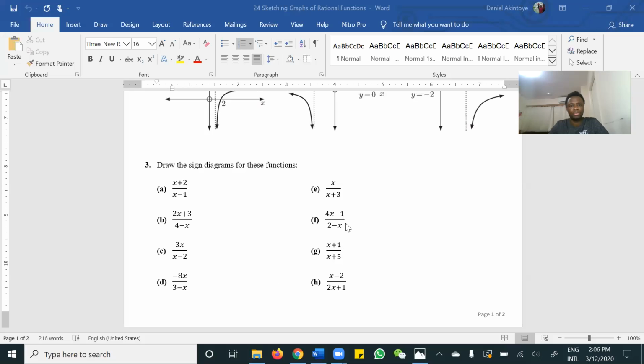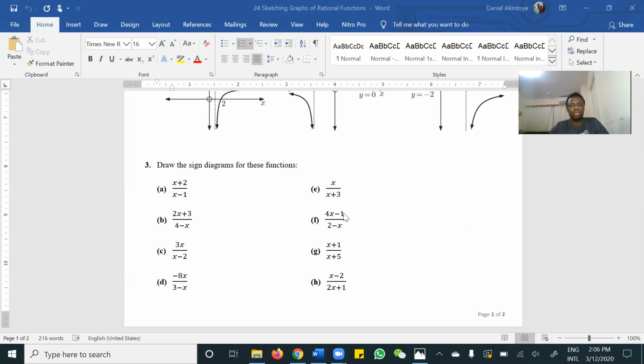So I sent you some pictures of a worksheet, this worksheet especially. We're going to pick this and find the sign diagram. Maybe I will do something like this and also something like that.